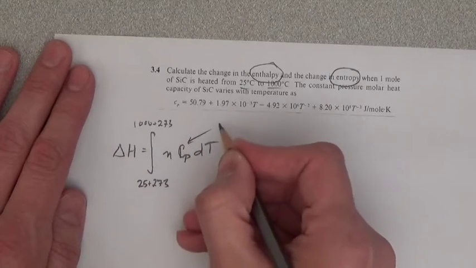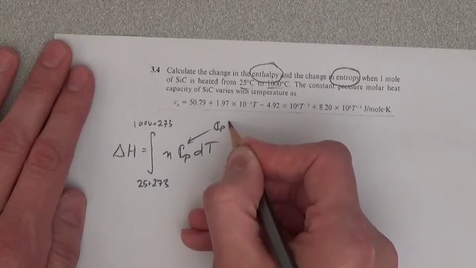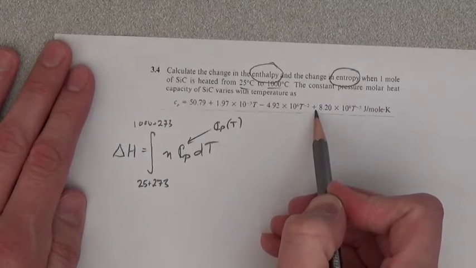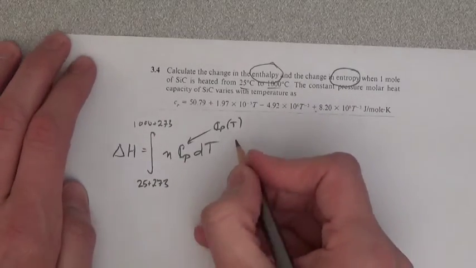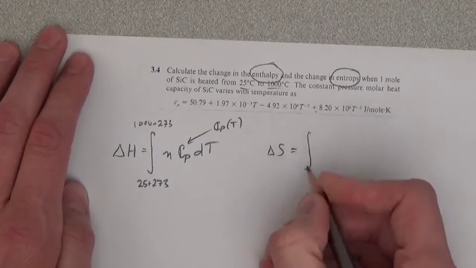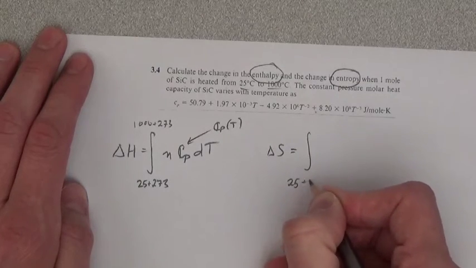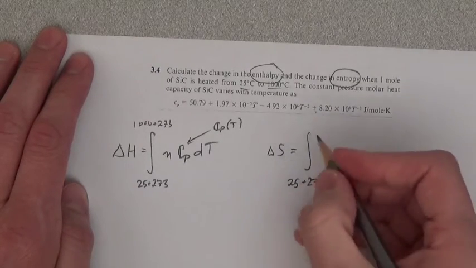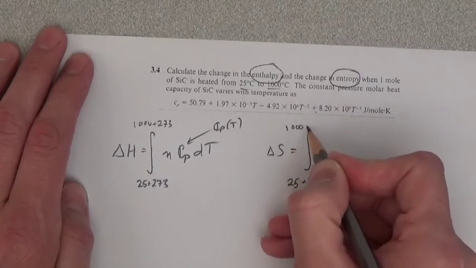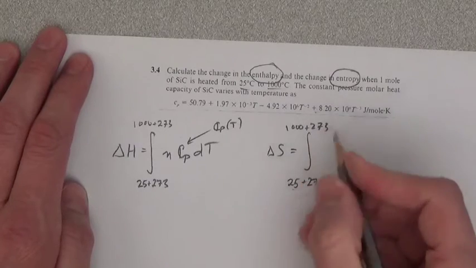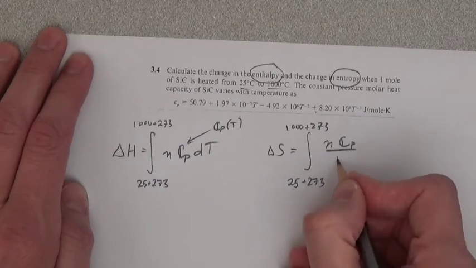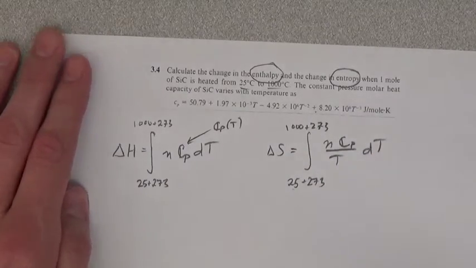For now, Cp is a function of temperature, so we're going to substitute this equation in, and delta S is equal to the integral from 25 plus 273 to 1000 plus 273 N Cp over T dT.